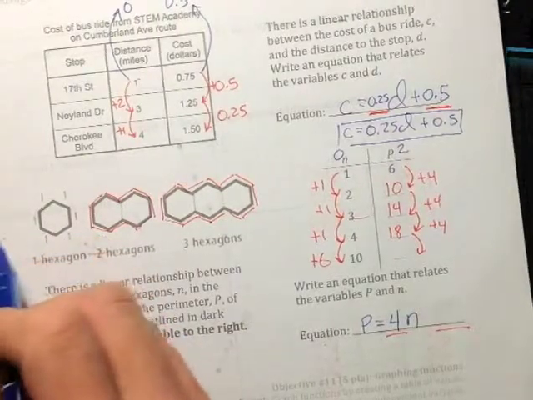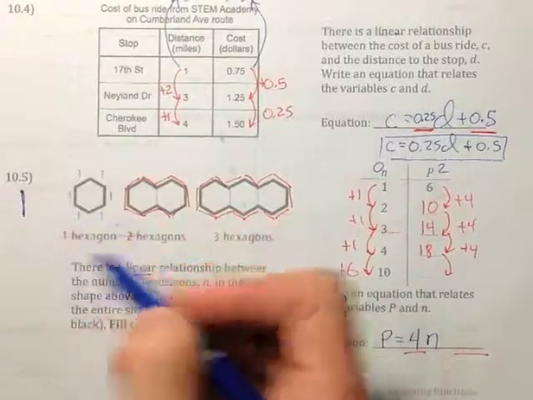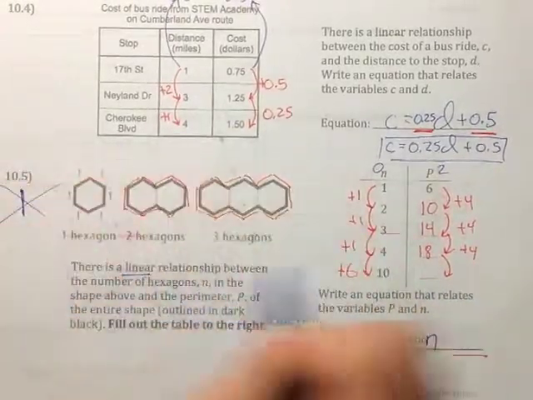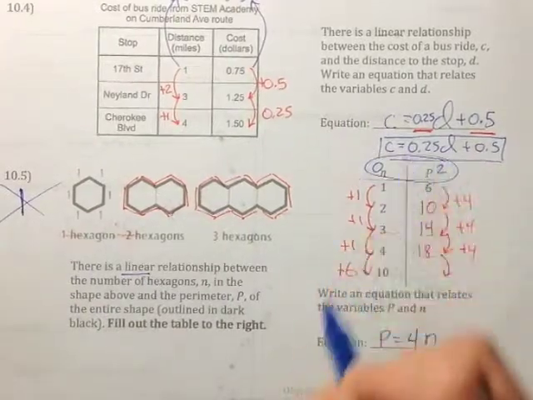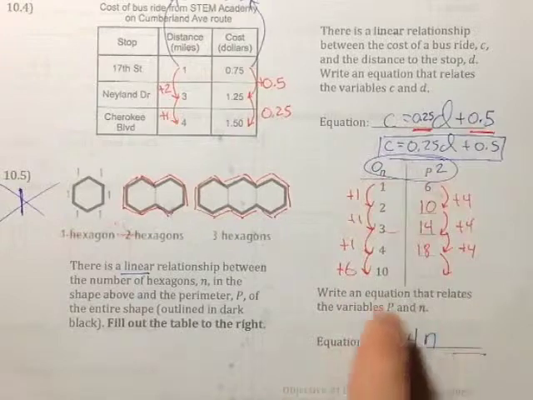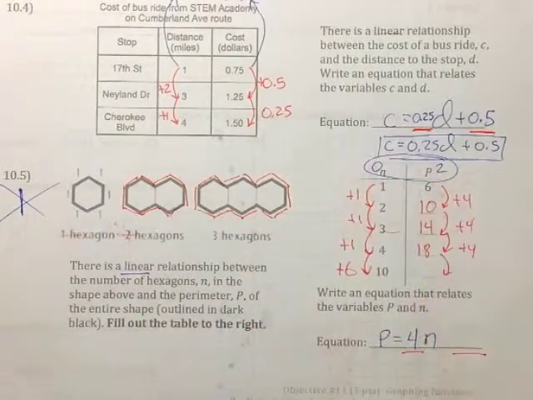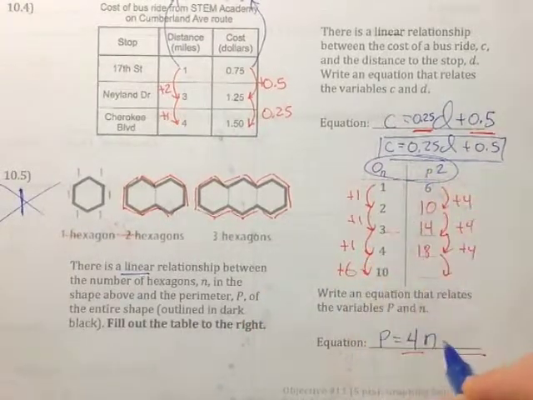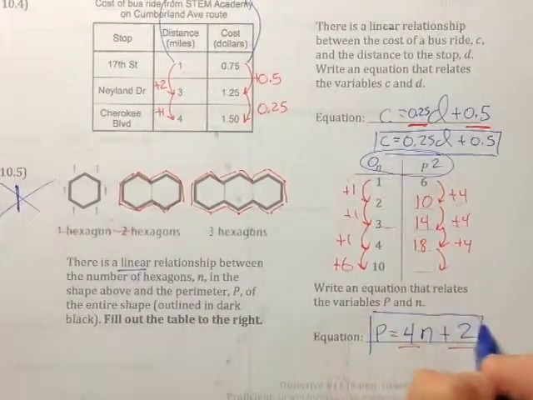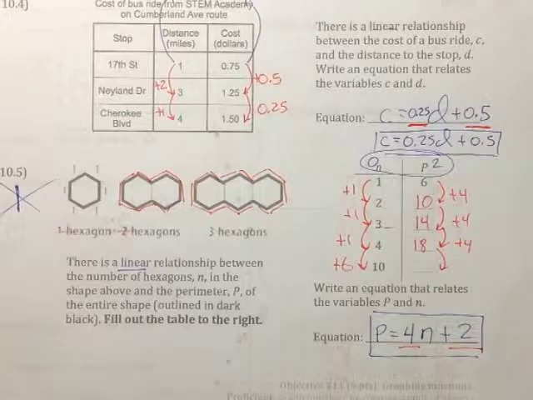So that's not a hexagon at all, but you can think of it like that, but really don't worry about the interpretation of what this would mean. This is just a way for us to figure out what this pattern is, okay? So if n was 0, p would be 2, okay? Positive 2, so plus 2. So the perimeter is equal to 4 times n plus 2.